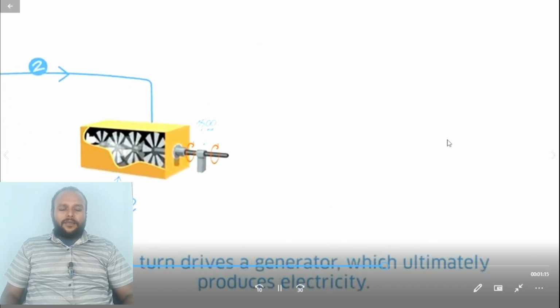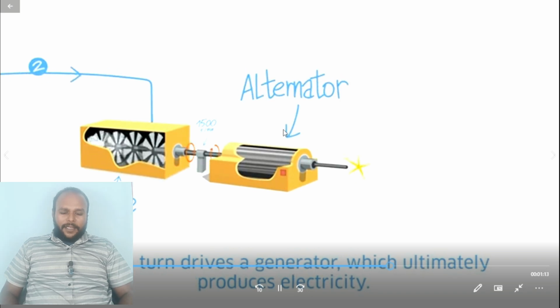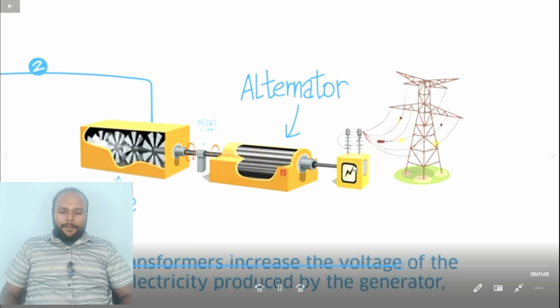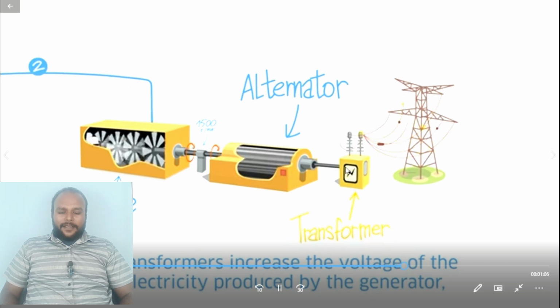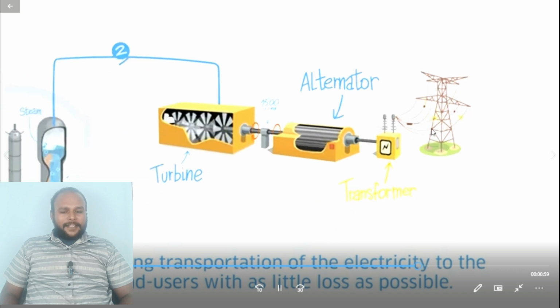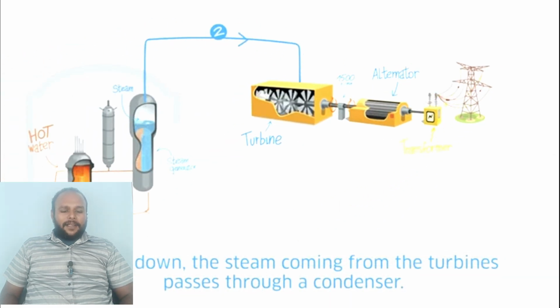Again, let me show the simple layout. In this diagram, the heat is transferred to the steam generator, which generates the steam and sends it to the turbine.